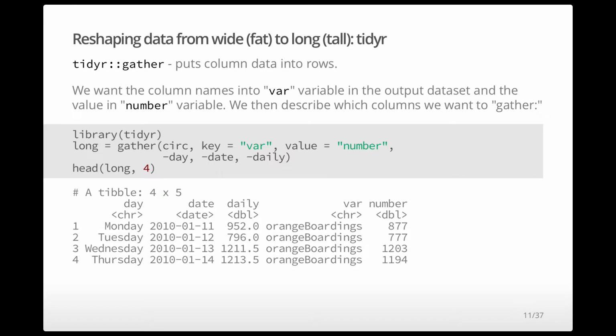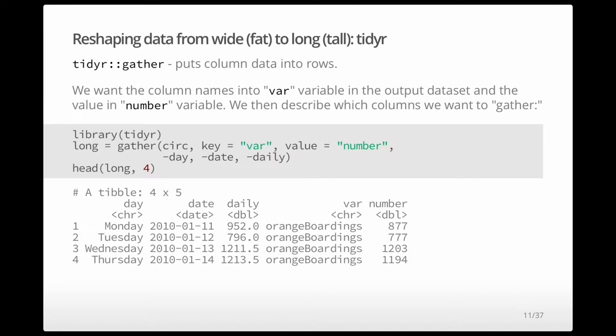The other thing is you have to specify which columns you want to gather up. You can do that one of two ways. You can say I want to gather these specific columns, in the same way we use the select commands, or I want to gather all these columns except for a few, and that's what we're doing here. I don't want to gather up day.